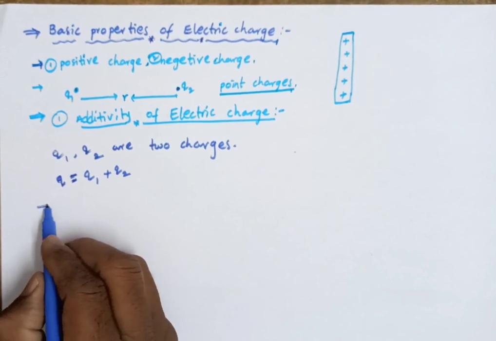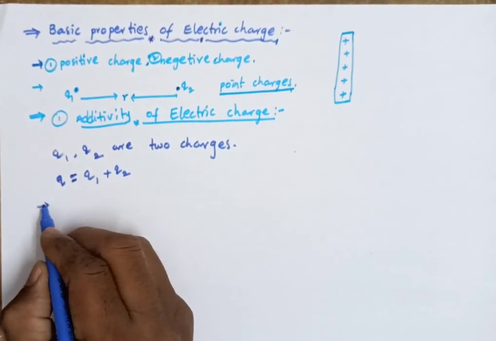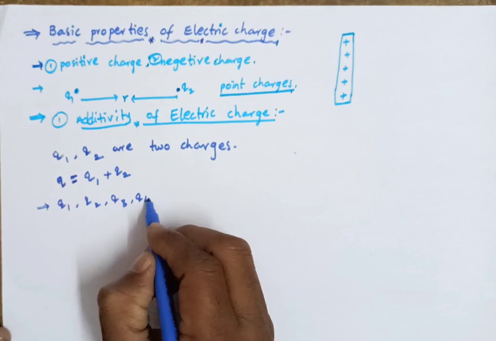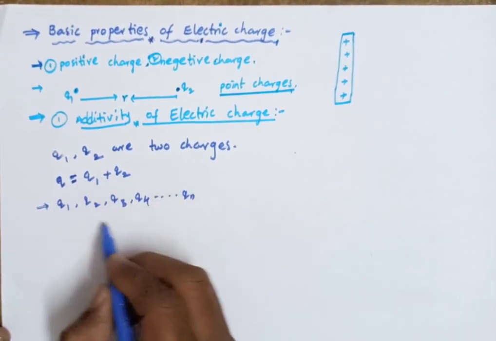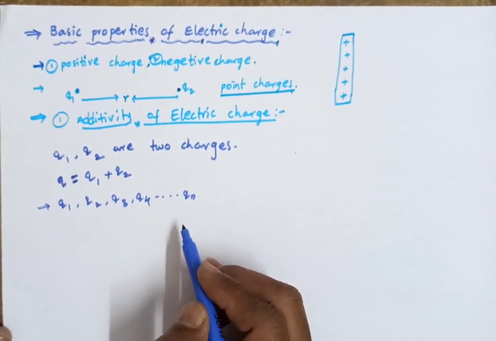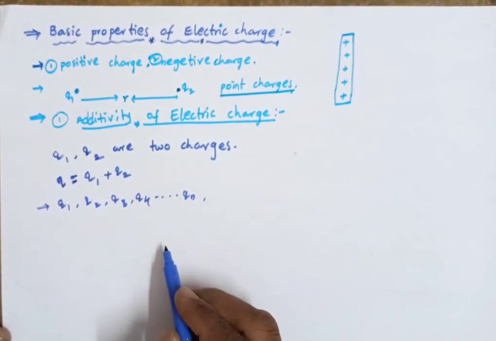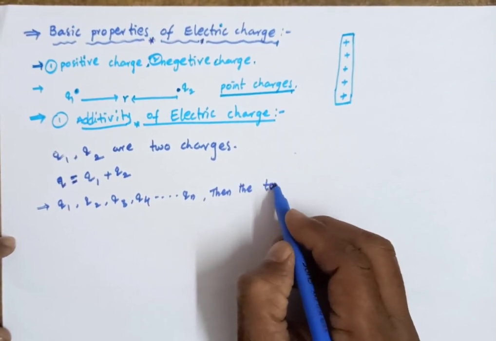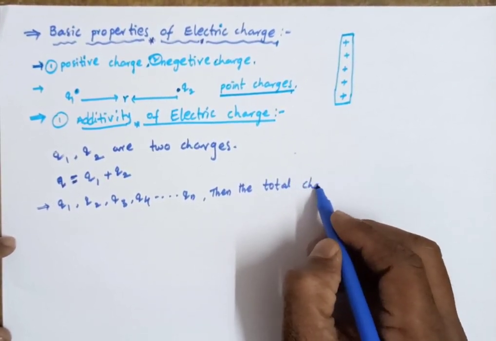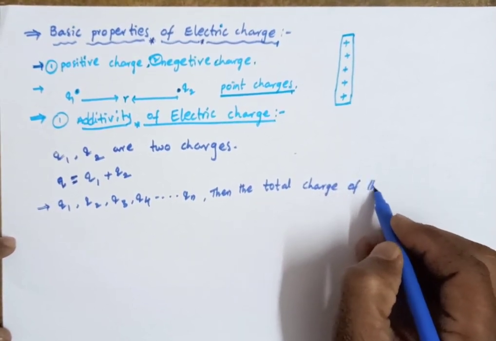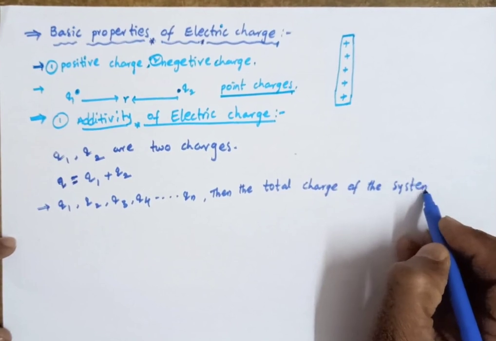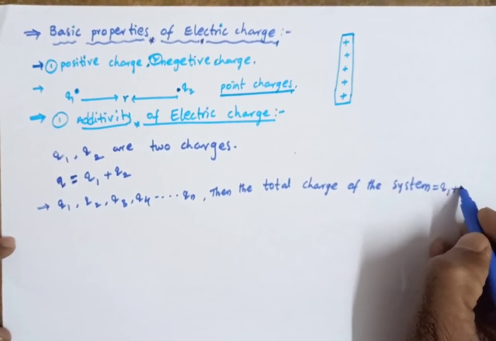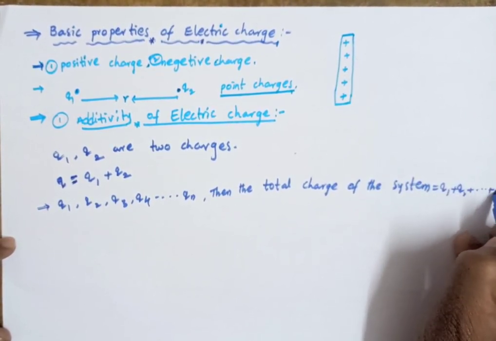So the total charge of this system q equals the algebraic sum of the individual charges. For example, we consider n charges, q1, q2, q3, q4, up to qn. A system contains n charges, then the total charge of the system is defined as q equals q1 plus q2 plus so on plus qn.